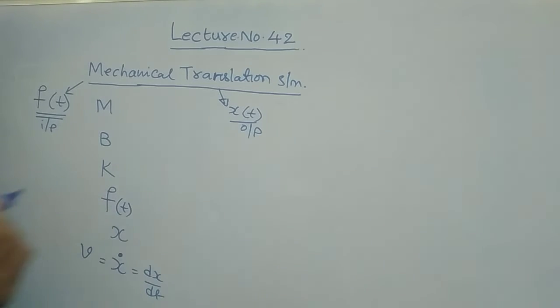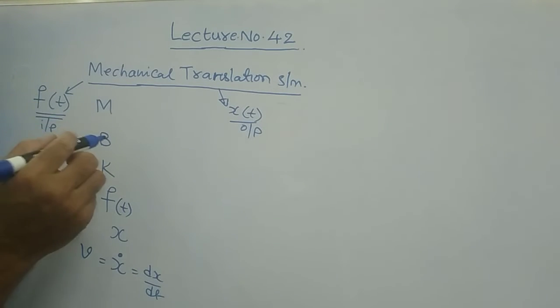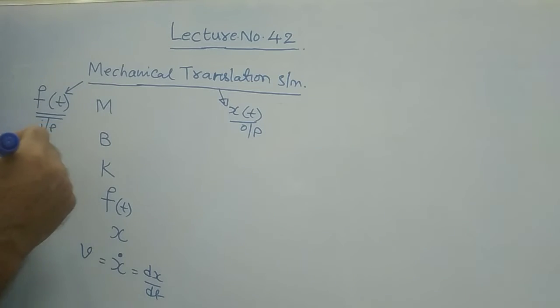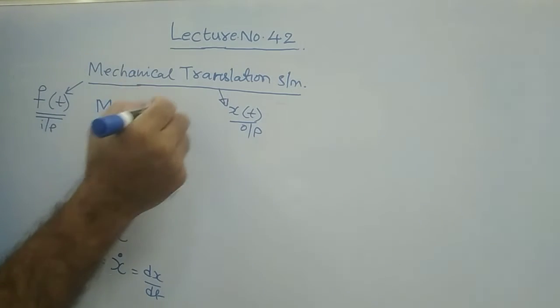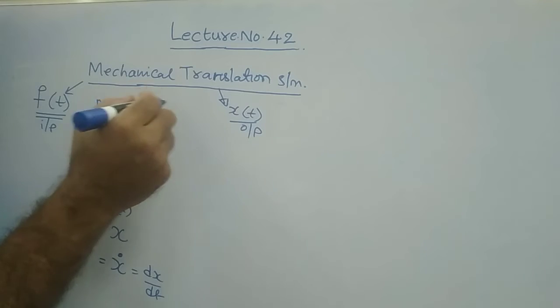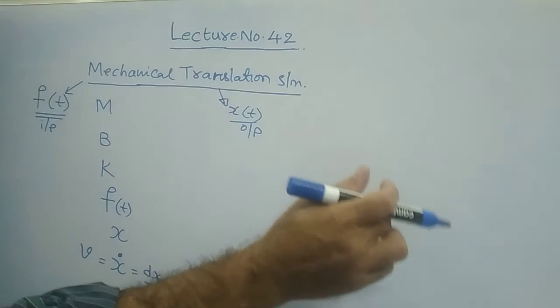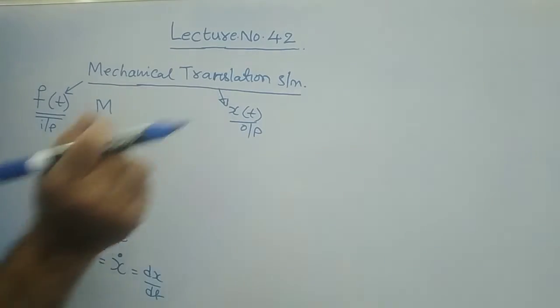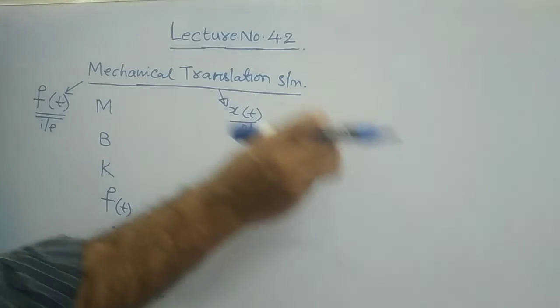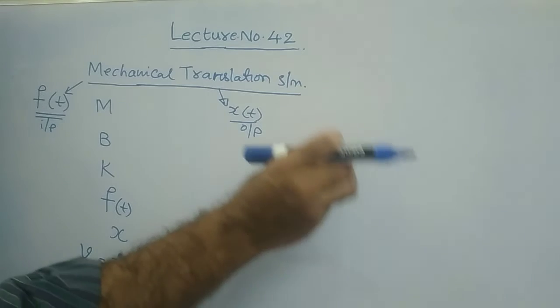Clear? Now a very important thing to remember: if I wish to draw the equivalent electrical circuit, that electrical circuit should also have some input, or at least an input, is it not? What could be the input?